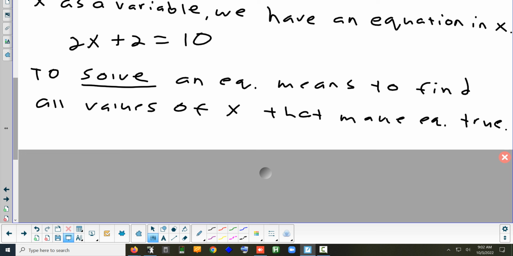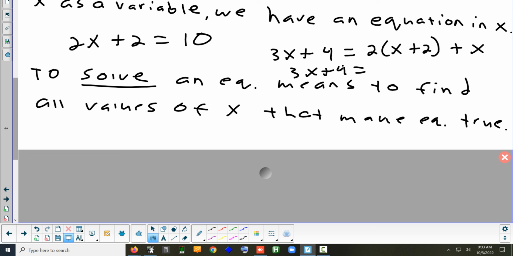Now, let's look at something like this: 3x plus 4 equals 2 times (x plus 2) plus x. If you wanted to solve that one, the first thing you'd have to do is distribute what's on the right and combine like terms. There's nothing you have to do on the left. What do you get if you do the distributive property on the right-hand side?